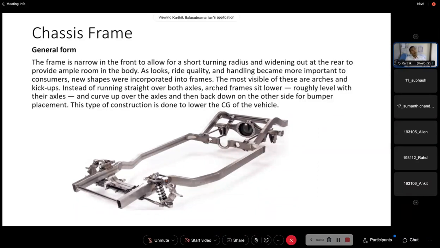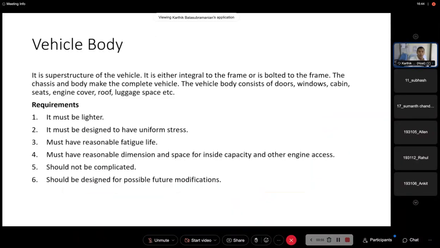We also discussed two types of vehicle body construction. One is body on frame, the other is unibody, or integral type.